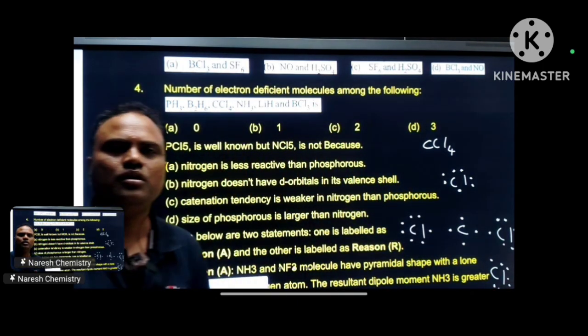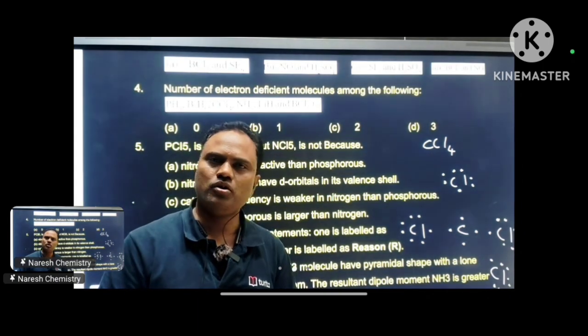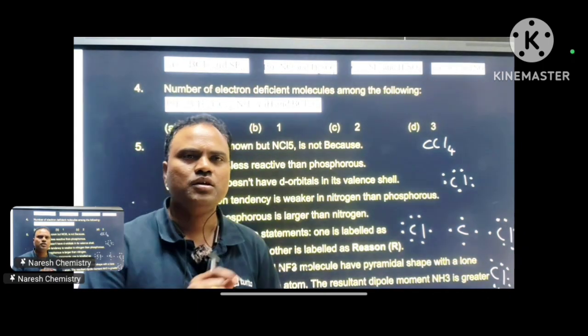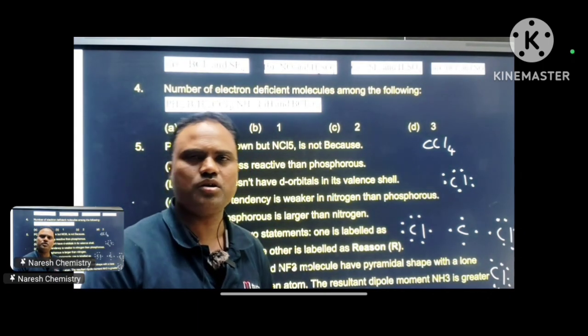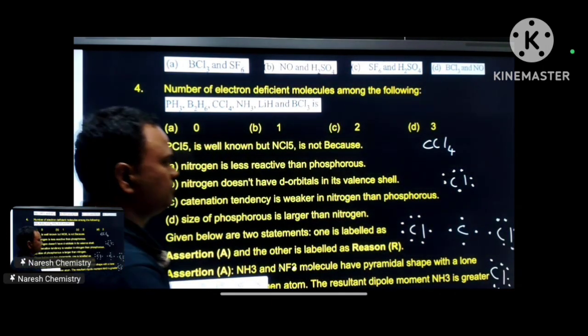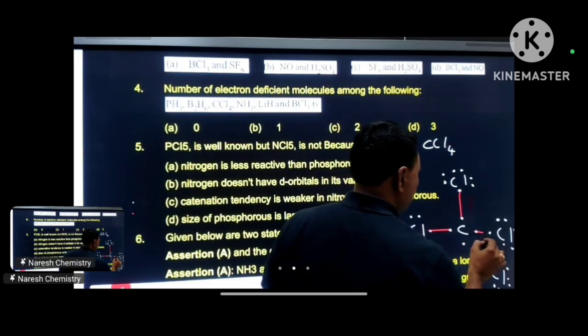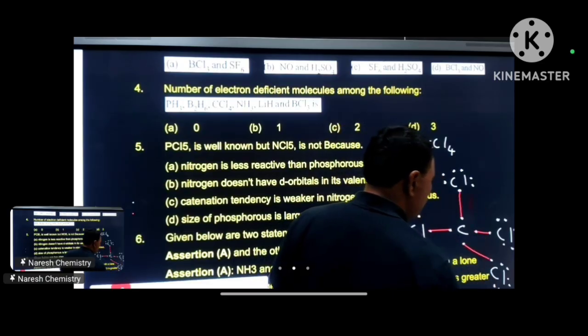After writing the central atom followed by valence electrons and the surrounding atoms followed by valence electrons, write one bond between the central atom and the surrounding atoms.